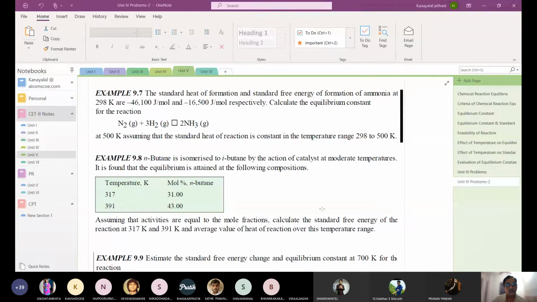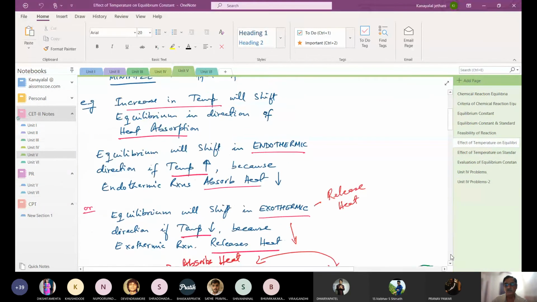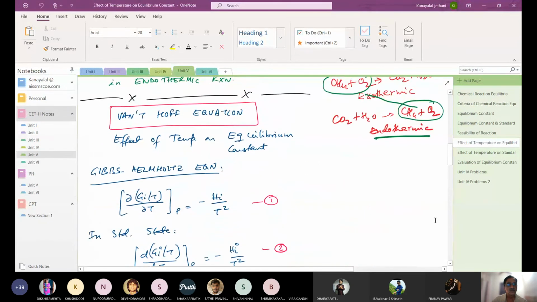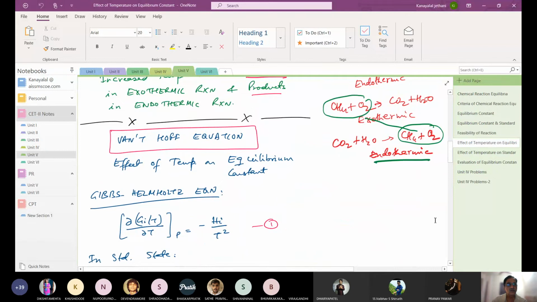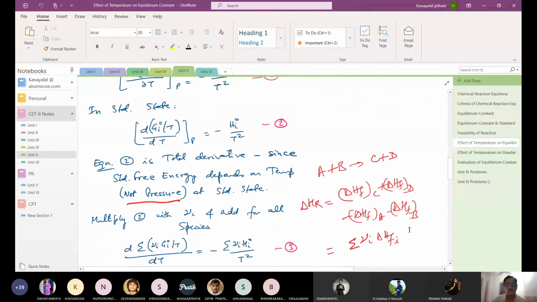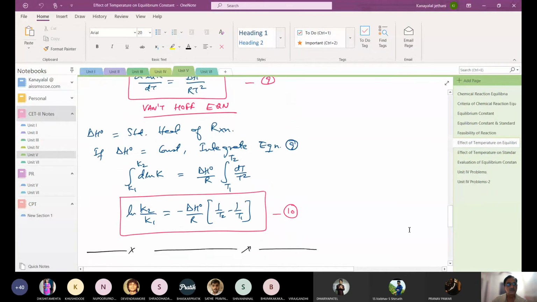ln K2 by K1 is equal to minus delta H by R into bracket 1 upon T2 minus 1 upon T1. और d ln K by dT था is equal to delta H by RT square. इंटीग्रेट किया तो what I get is ln K2 by K1. Let me show you here. Yeah.